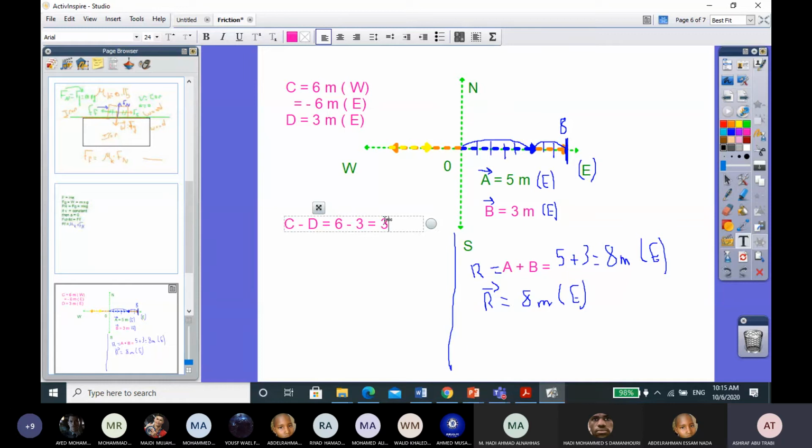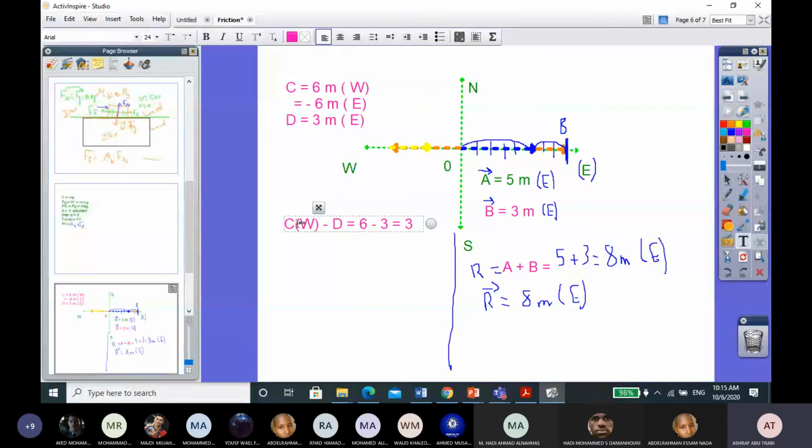But here we have 3. But 3 is positive and the 3 is to the east. So shall we put it 3 or minus 3? No, we shouldn't make it negative. So what will happen here, guys? Let's say C is on the west.